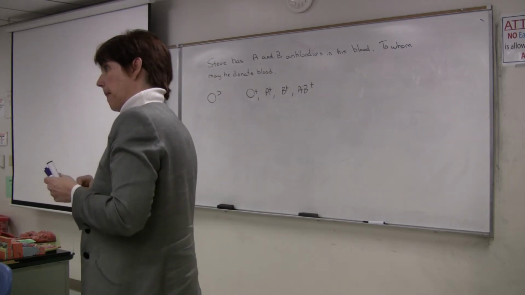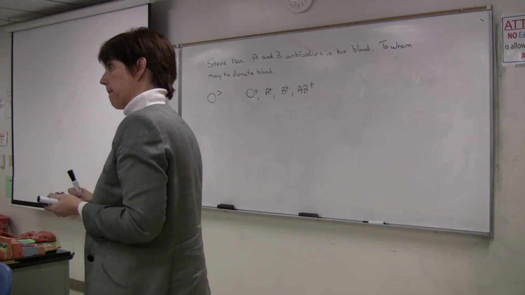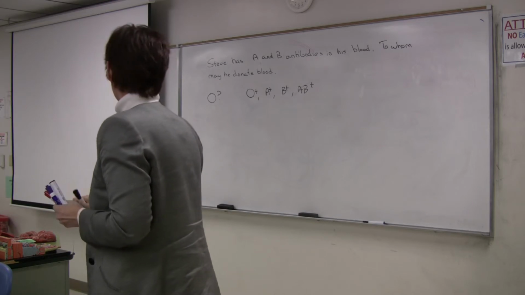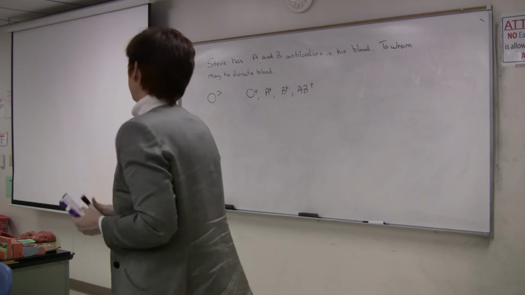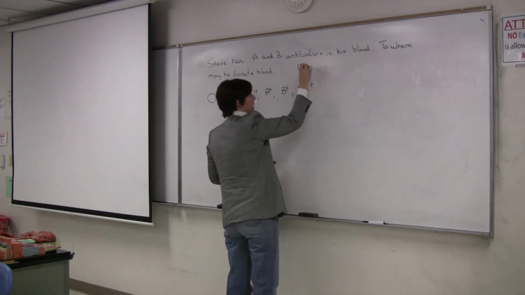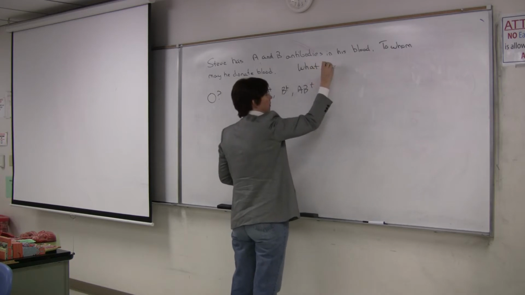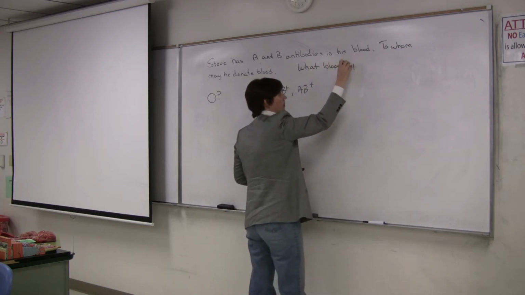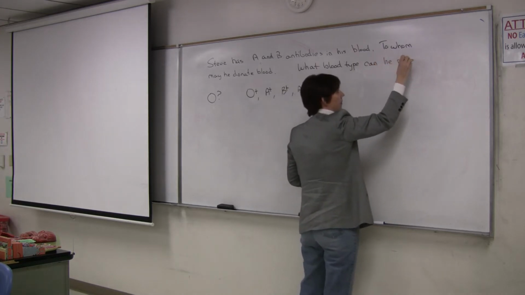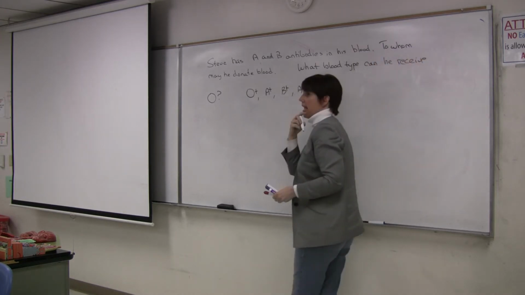But if he has antibodies against A and B, okay, so if we change it to what blood type can he receive, now he has A and B antibodies.